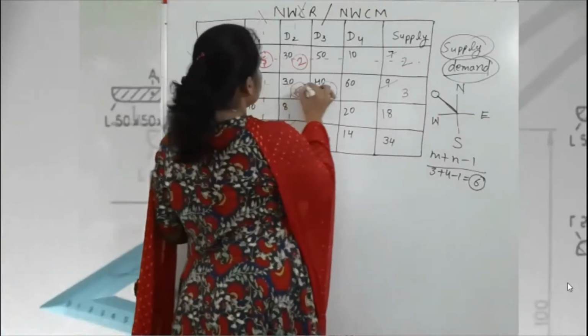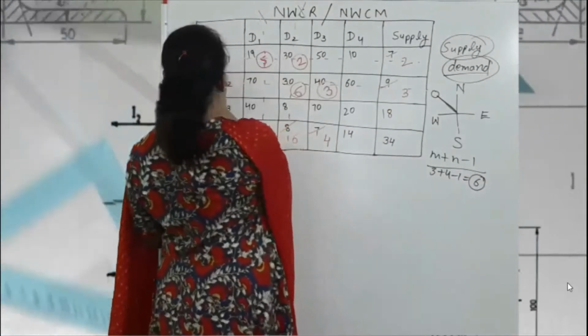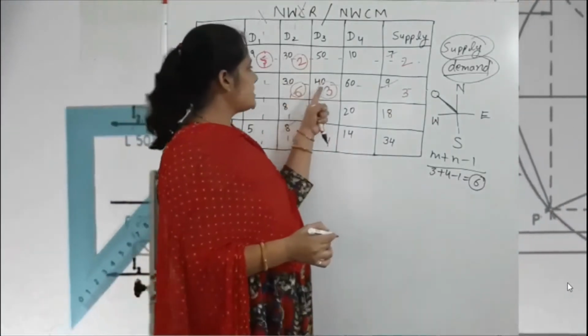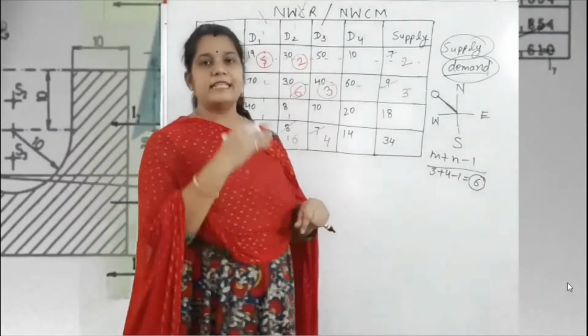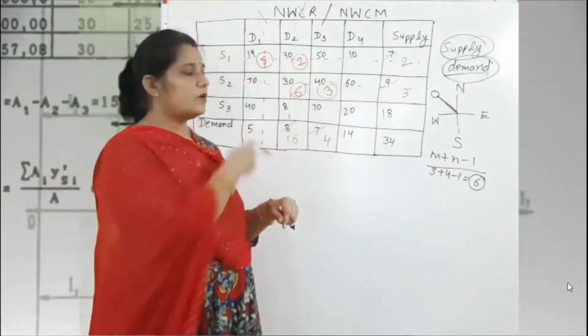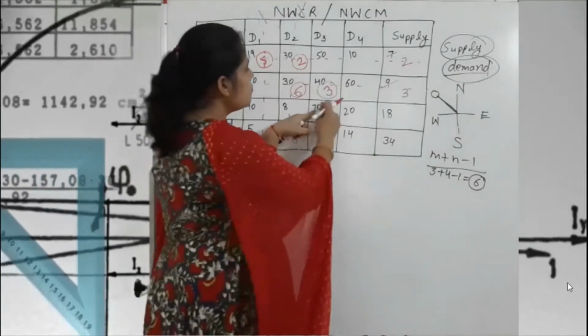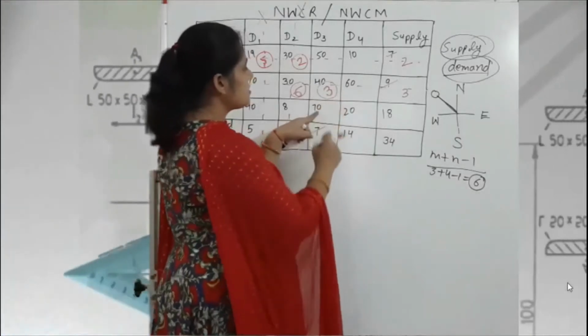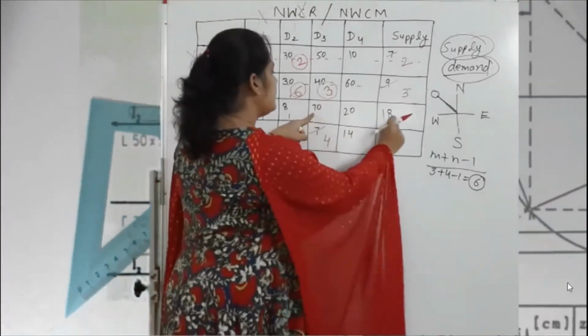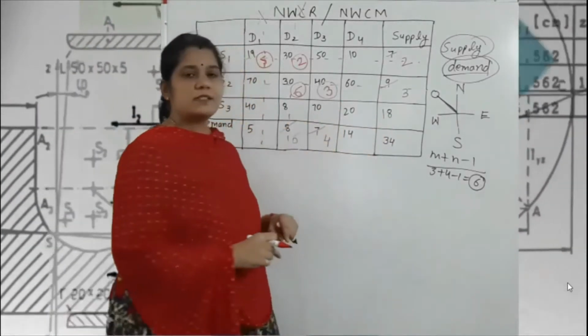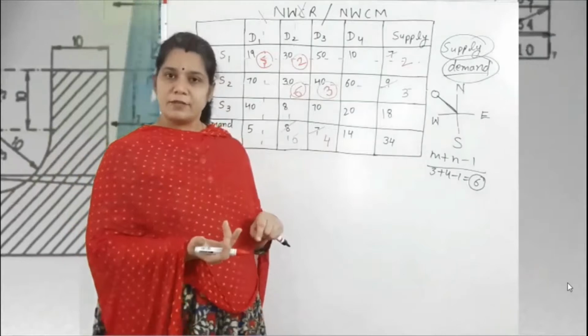And this row is also cancelled because 6 plus 3 is equal to 9. So if the second row is cancelled, then we move to the third row. The value is 70 and the supply is 18 and the demand is 4. So what is the minimum value?